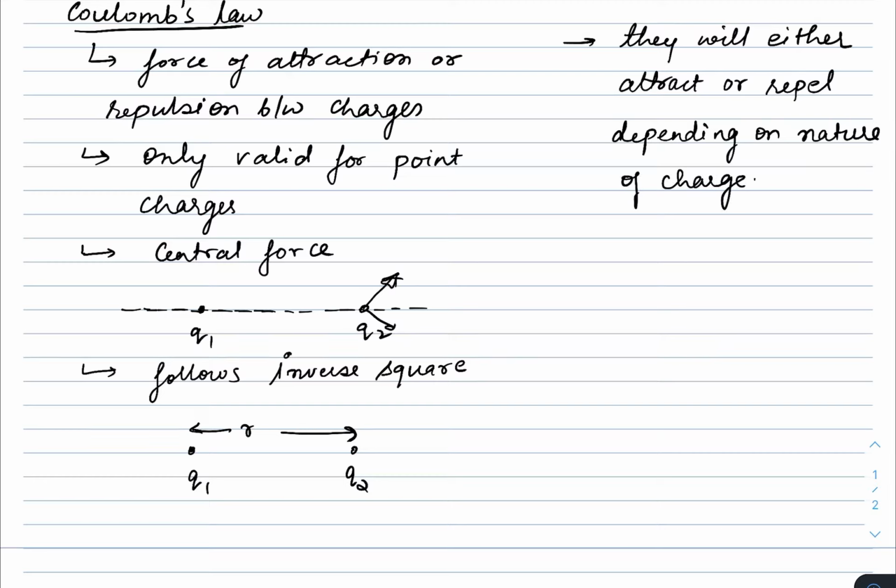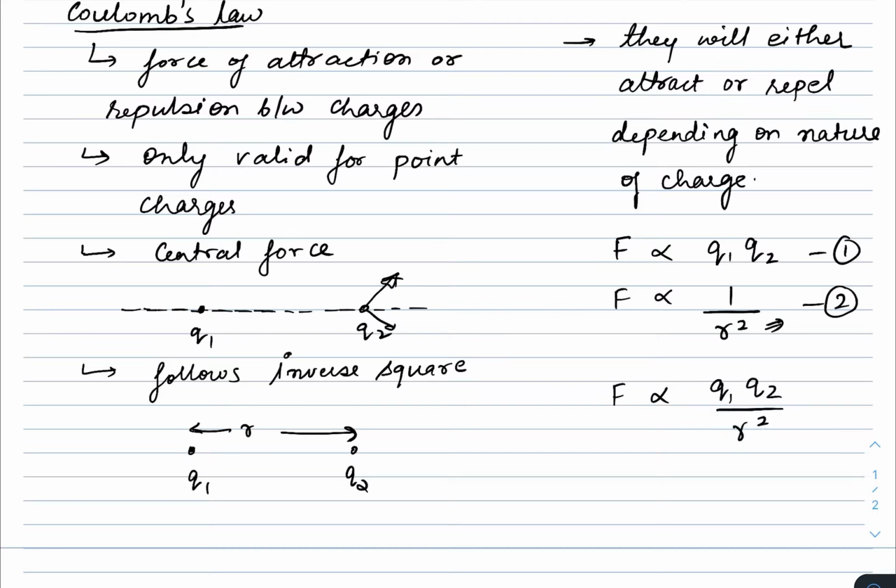So according to Coulomb, the force of attraction or repulsion between them is directly proportional to the product of charges, and it is inversely proportional to the square of the distance between them. That is your inverse square law, right? If I combine both these, equation number 1 and equation number 2, it comes out that force is directly proportional to the product of charges and 1 by r square. We can write it like this.